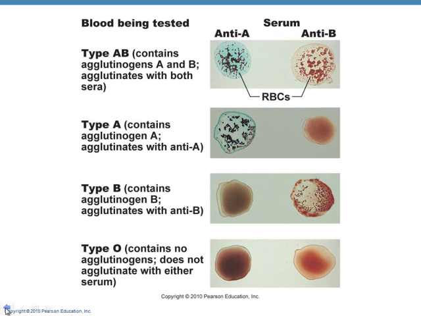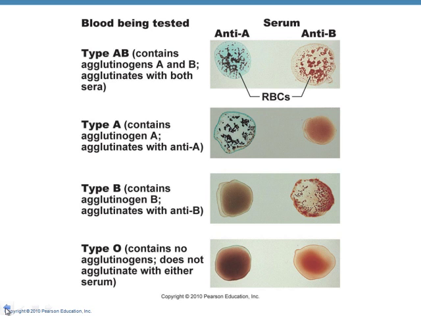That would be type AB blood. Okay? So my blood goes on there, and that packaged prepared antibody goes on there. If there's a reaction, it's there. Yes? If I have type A blood and I put my anti-A antibodies, it's going to clump.